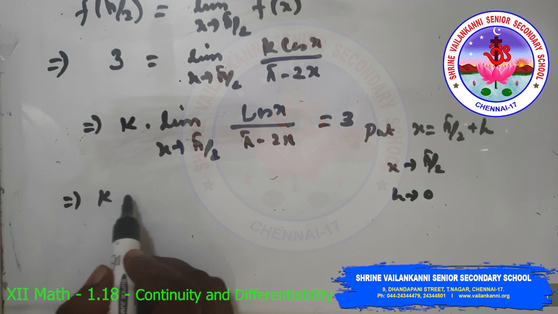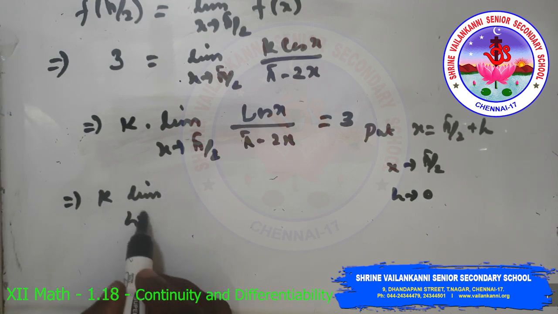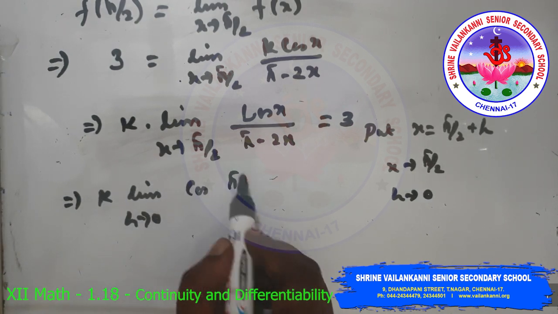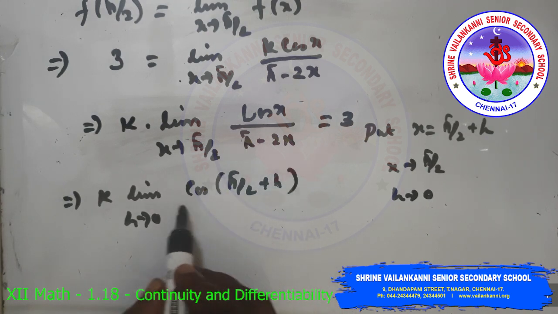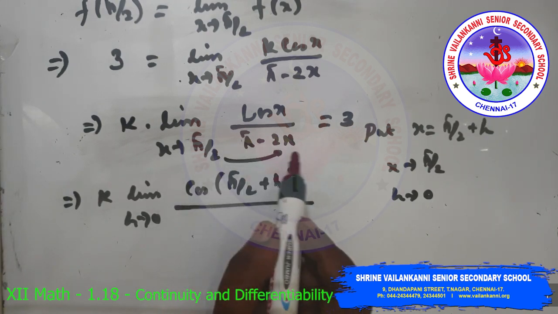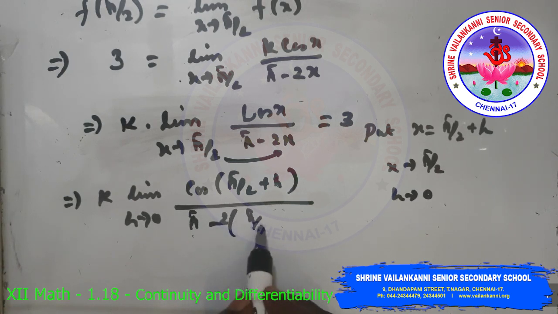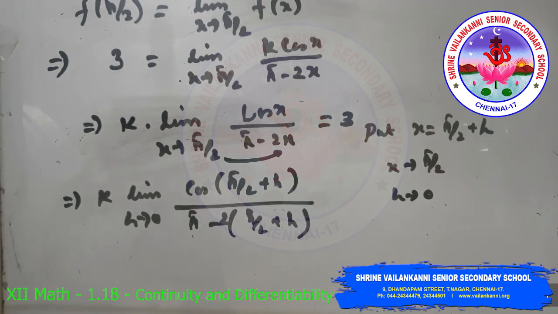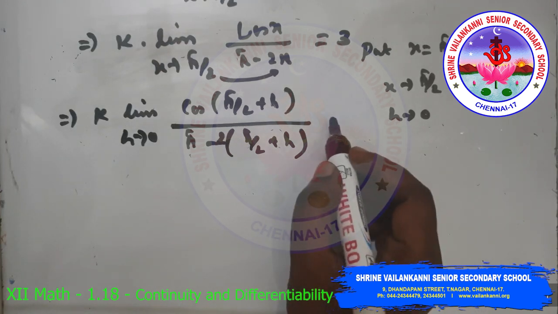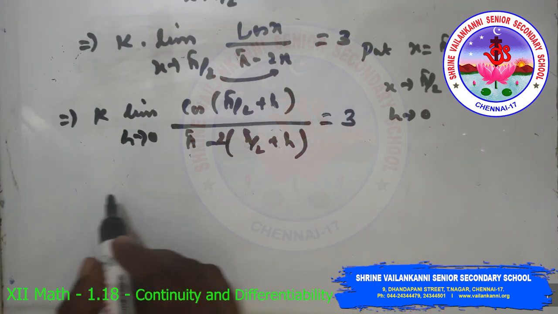So this will become k into limit h tends to 0 cos of pi by 2 plus h, changing the value of x, then pi minus 2 into pi by 2 plus h, which is equal to 3.